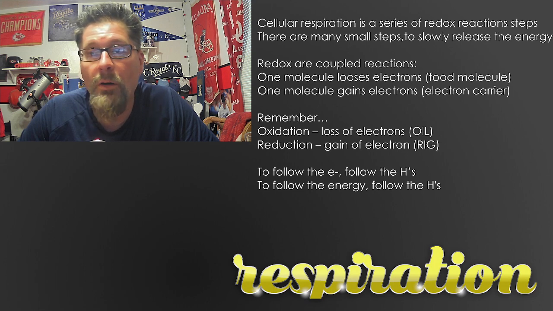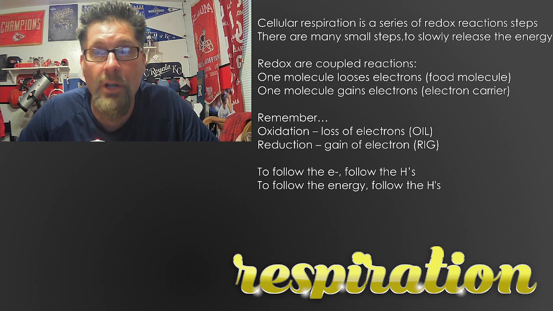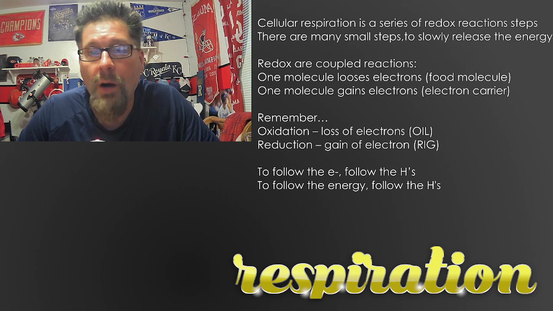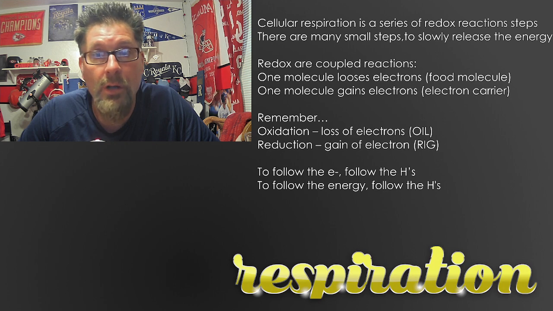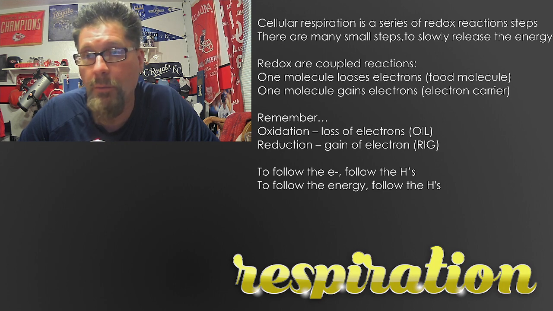So if one molecule is going to be losing the electron, as in glucose, the food molecule, then something is going to be gaining that electron. In this case, it's going to be the electron carriers that you'll be introduced to. We talked about them in chapter 6, but now you're going to see what they're doing and why they're doing what they're doing.